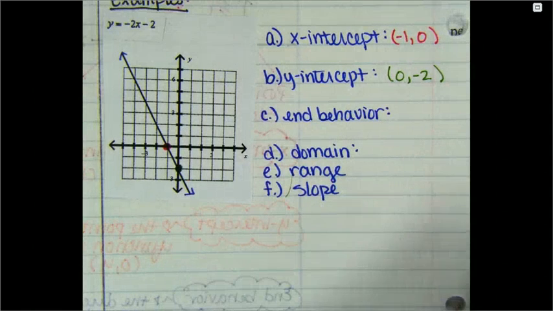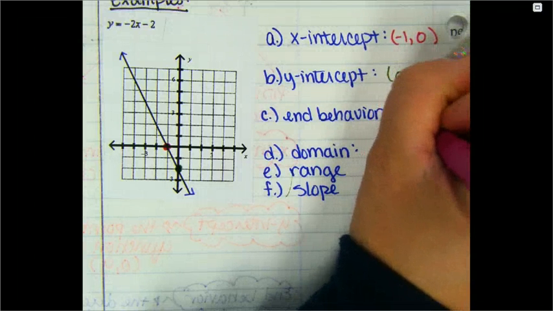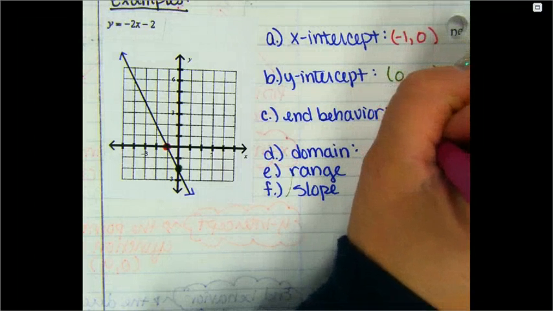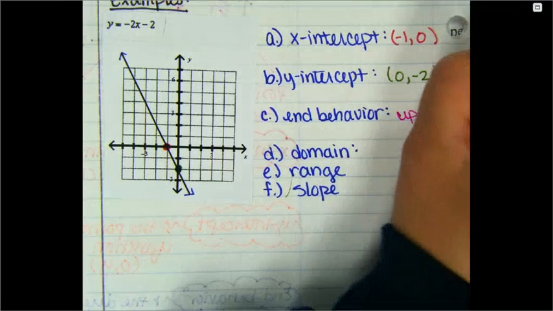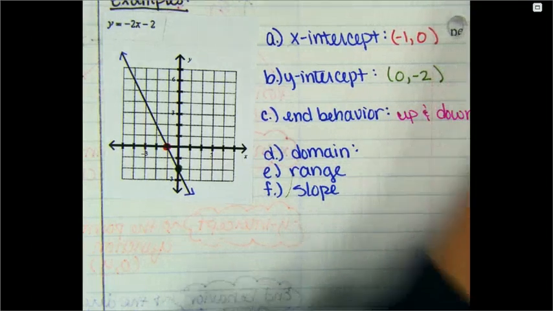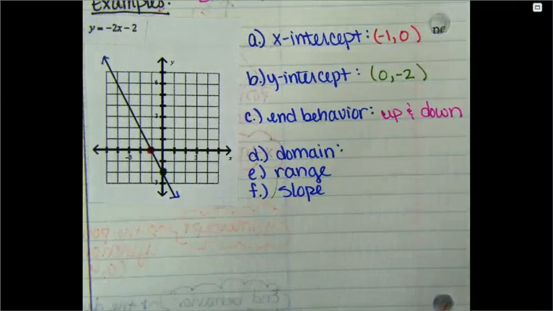And what's your end behavior? We just went over that. Which way is the arrow pointing? Up and down. Now, domain is your x value.